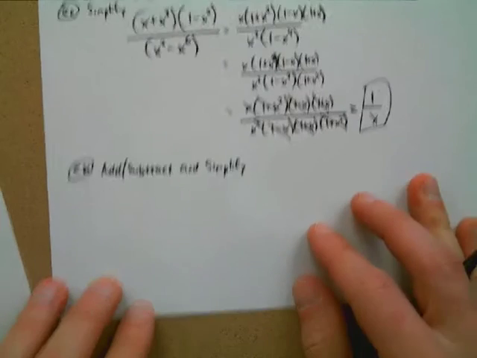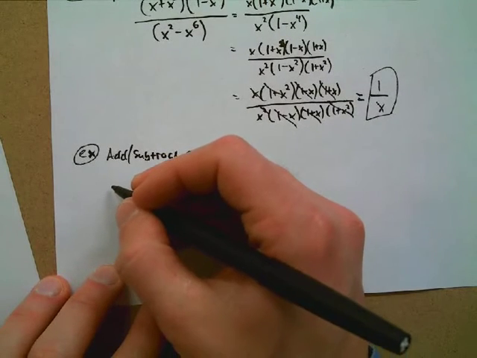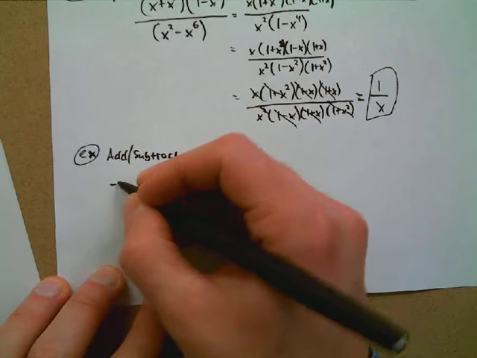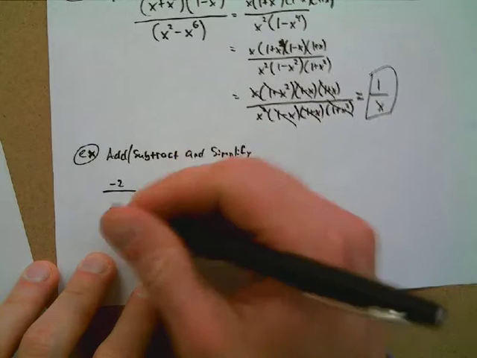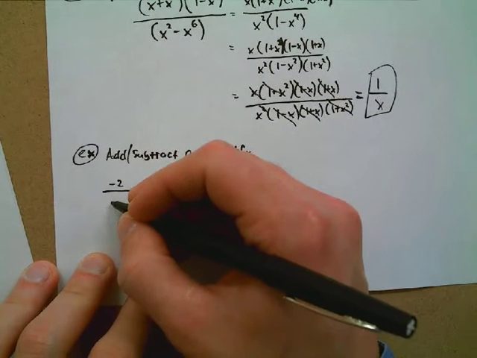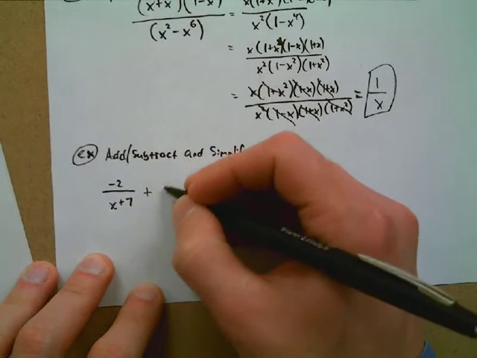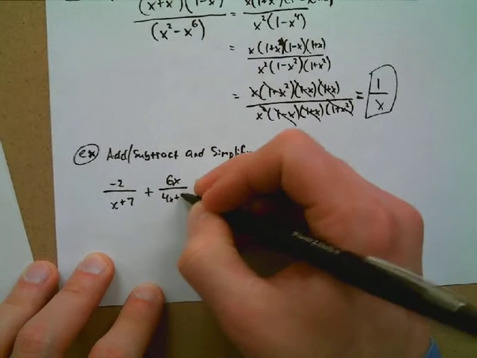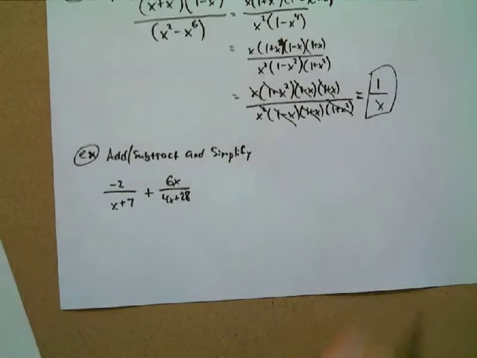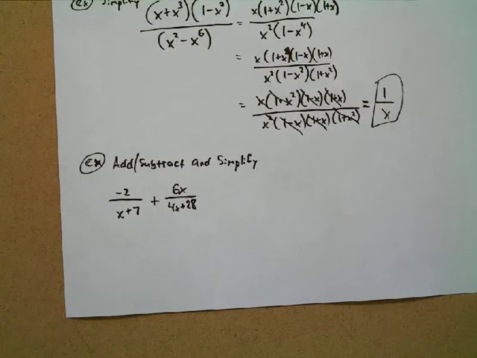So here we go. Let's say we've got negative 2 over x plus 7. We want to add to it 6x over 4x plus 28.